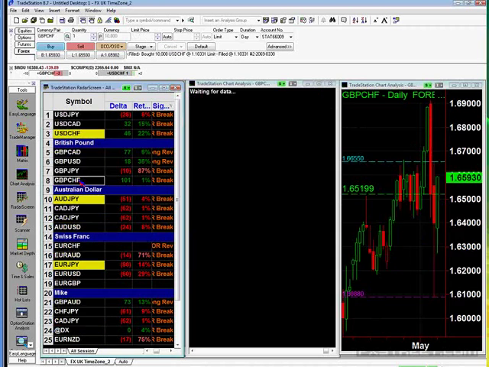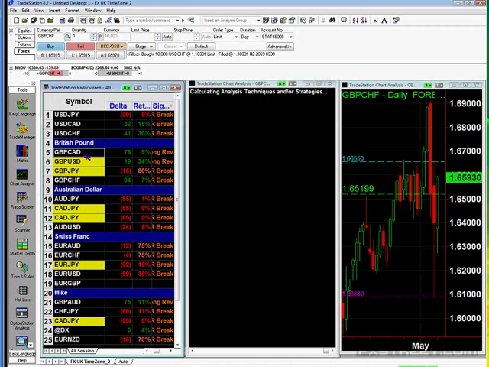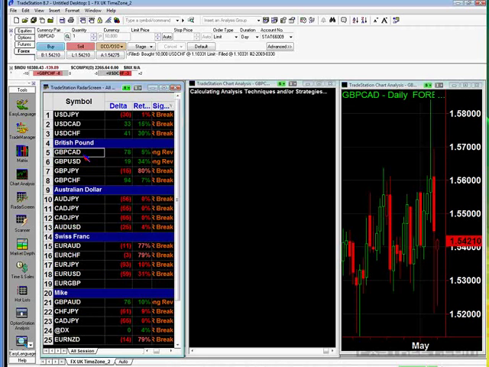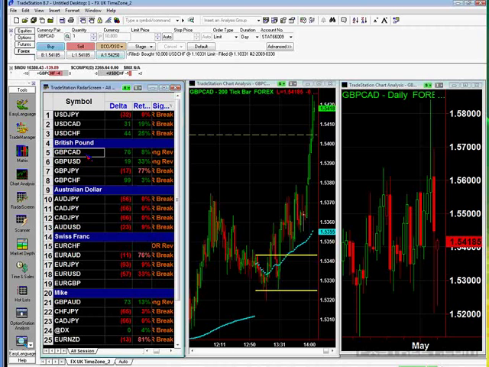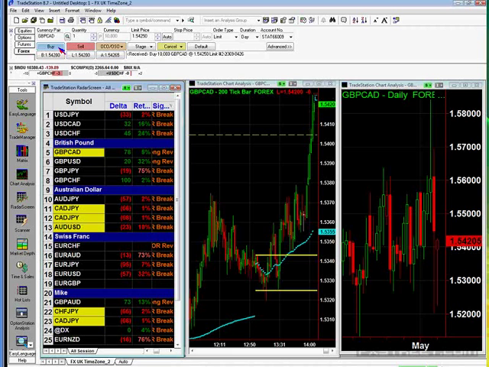Let's see what else. The pound Swiss, the dollar Swiss. Let's see what else we have. I can take the pound CAD. Order filled. Okay, so this is how we manage our trades.